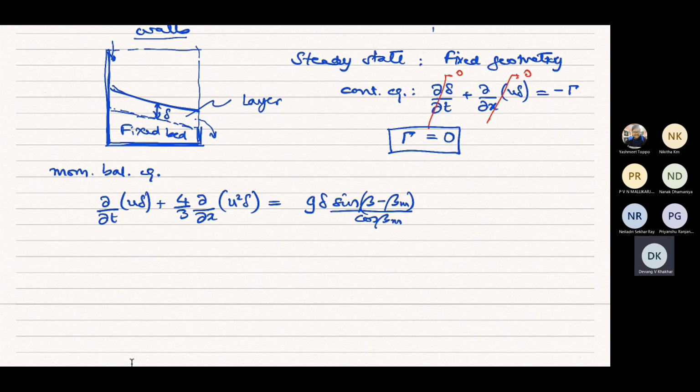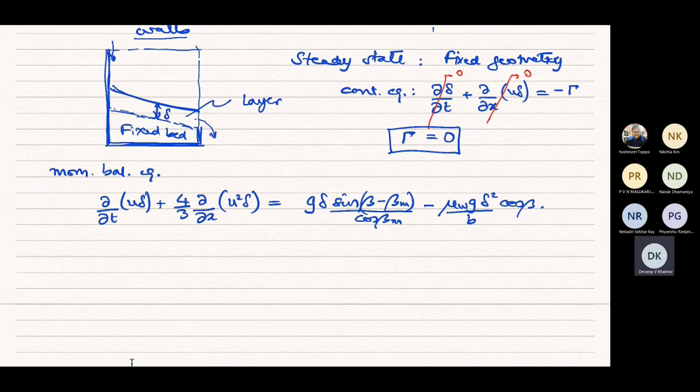This is what we had done before. And then this is minus mu_w g delta squared by b into cos beta. So this is what you get.